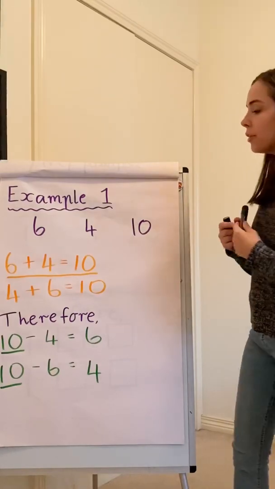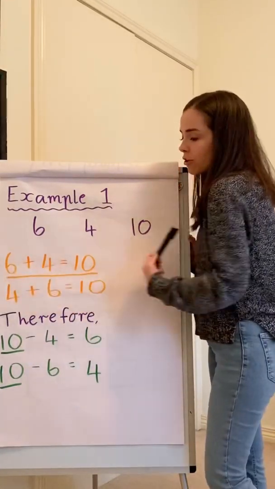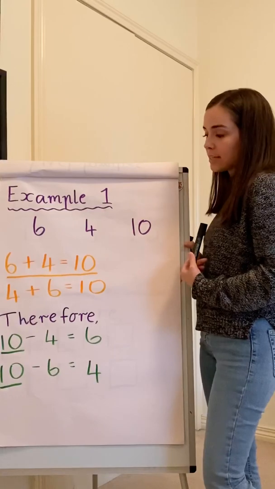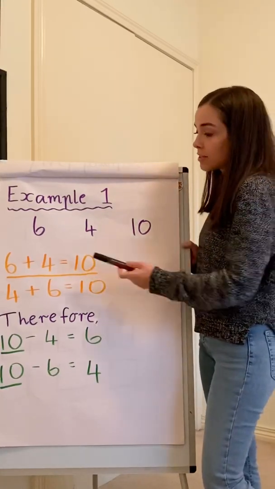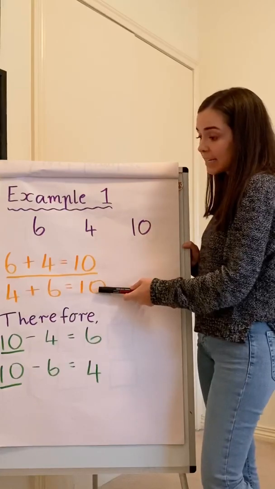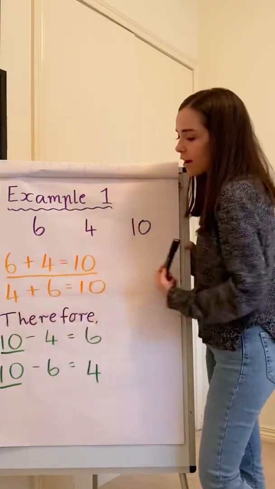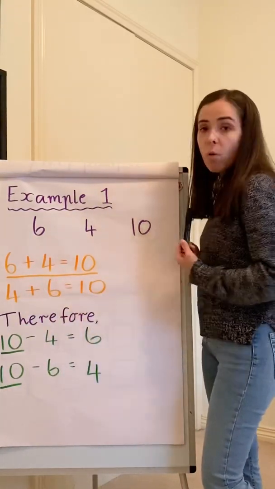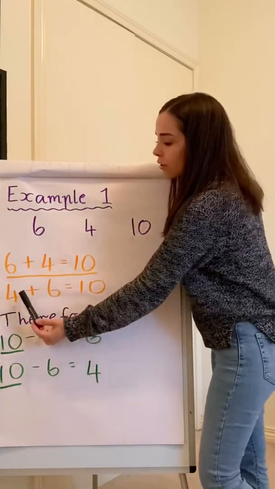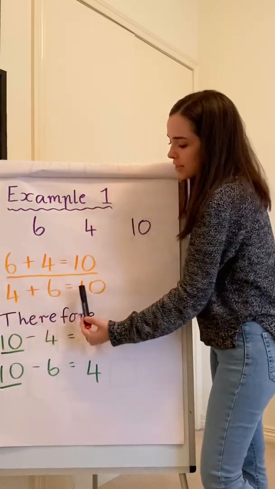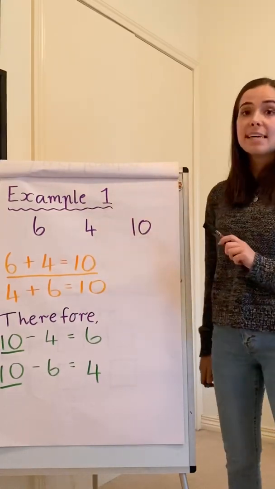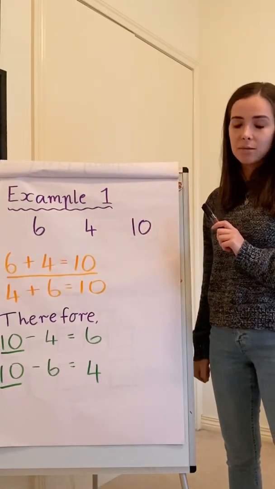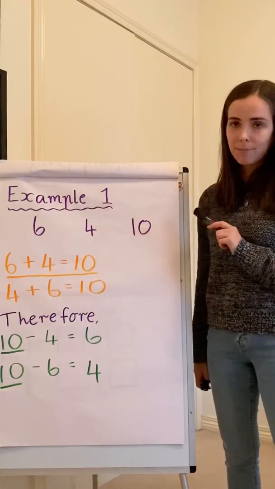We also know that if I reverse or change the order of the 6 and the 4, it doesn't change my total answer. So I can create my second sum and just change around the numbers before the equal sign. So I can also do 4 plus 6 equals 10. And you notice the biggest number is at the end of our addition sums because that's the total number.